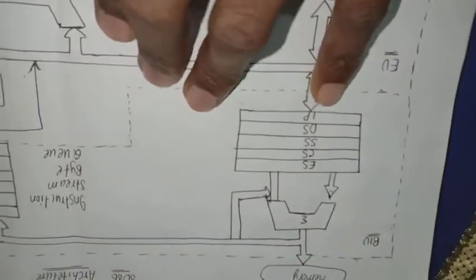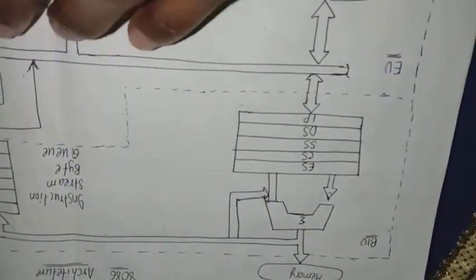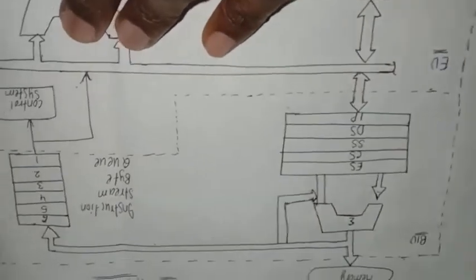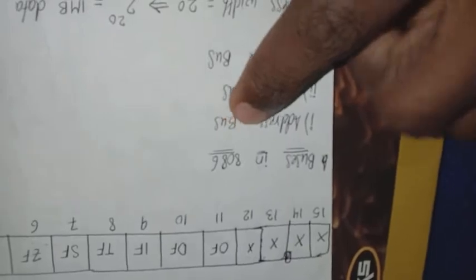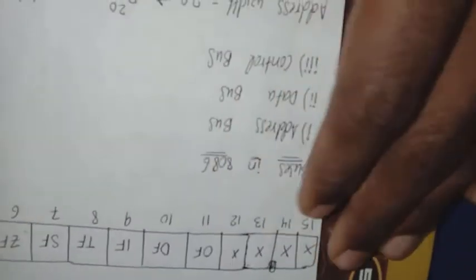And before going to other things, let's discuss the buses present in the 8086. The 8086 contains 3 buses, that is, the address bus, data bus, and control bus.